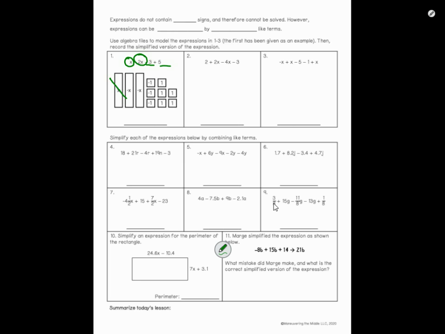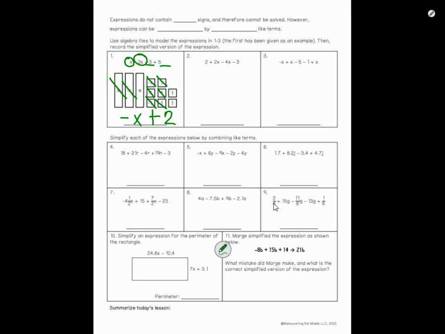I know that I can have a zero pair by combining a positive and a negative. That's going to leave me with a negative x. Then on the right side with our constants, I have a -1, +1, that gives me a zero pair, -1, +1, another zero pair, leaving me with +2.